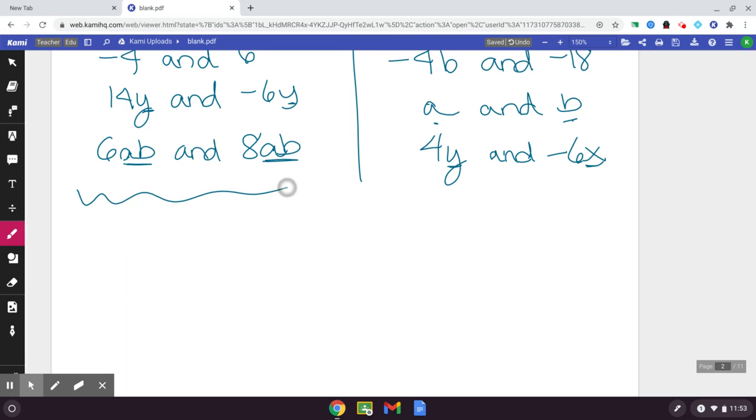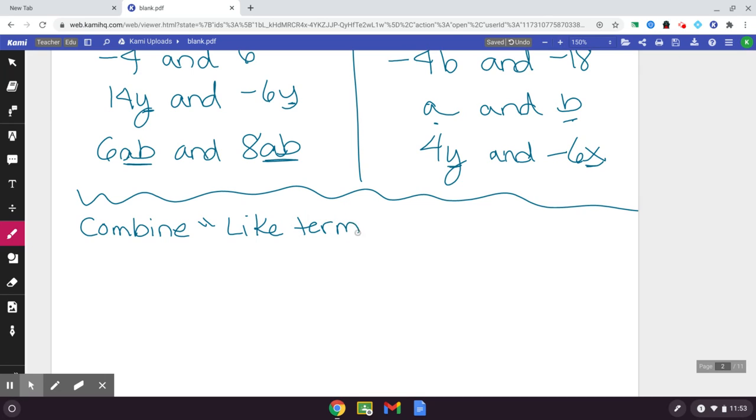Okay. All right, so last thing and the big thing for this lesson is combining like terms. Okay, you can only combine like terms.